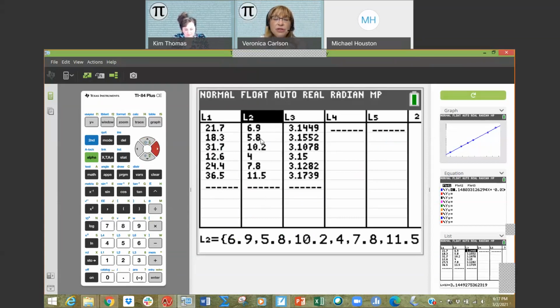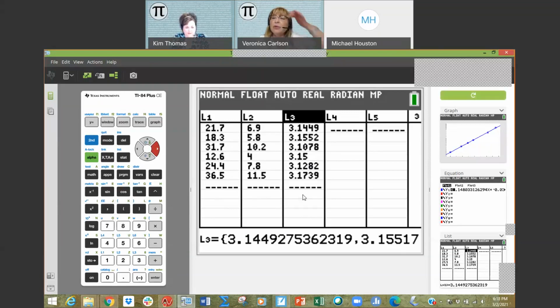I do want my students thinking about what is the dependent and independent variable, especially in a middle school or freshman algebra class. For list 3, we did a calculation based on list 1 and list 2, where the relationship is circumference divided by diameter.